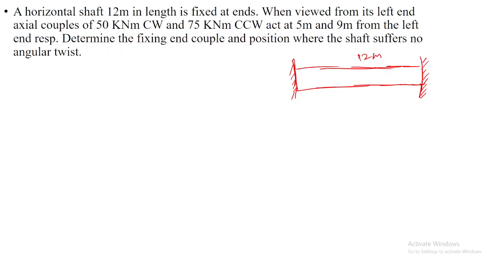When viewed from its left end, axial couples of 50 kilonewton meter act in the clockwise direction. So when I'm viewing from this left side, it should be clockwise, so it should be something like this.